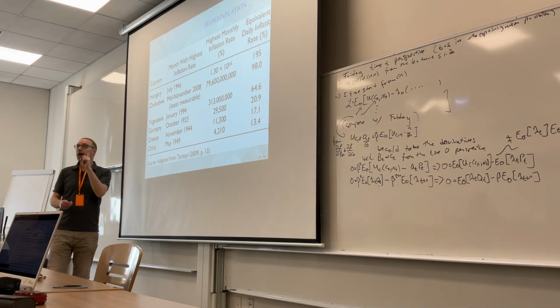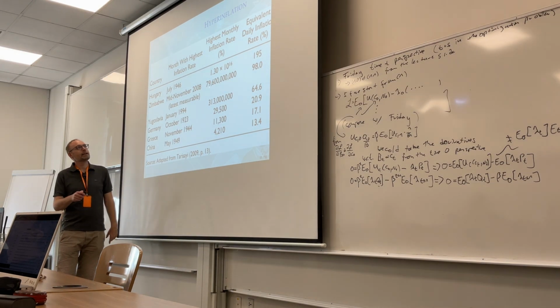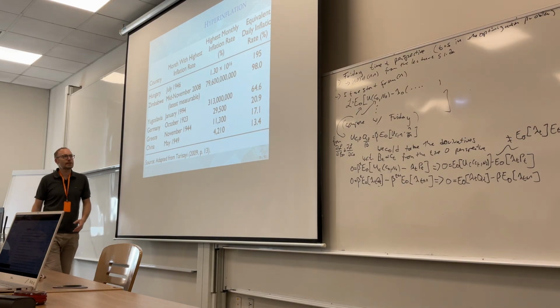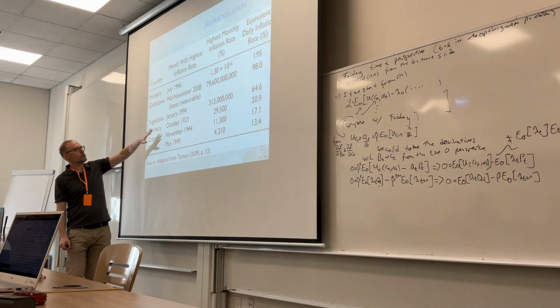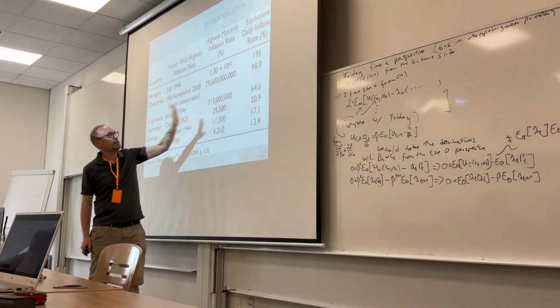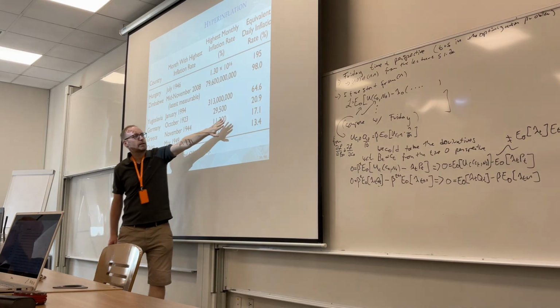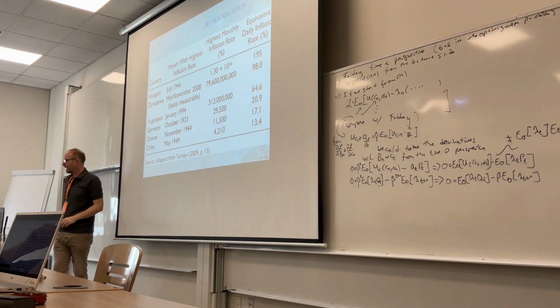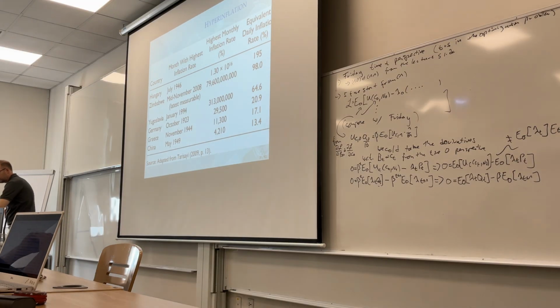Which translates into a monthly, not an annual, but a monthly rate. It's so big we have to express it in scientific notation. Germany's inflation rate was very, very high on a monthly rate, right? Daily inflation rates higher than what we would expect on an annual basis. So hyperinflation.